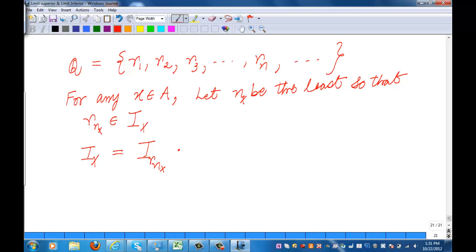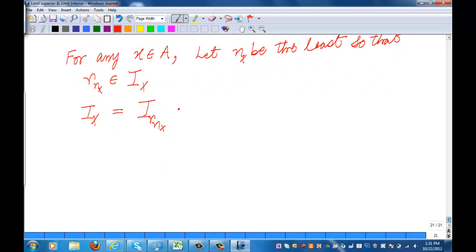But this is giving us, modulo the fact that I have to show you why these are equal, a mapping from the set of intervals Ix into the set of intervals where the subscripts are Rnx. So this gives you a correspondence.